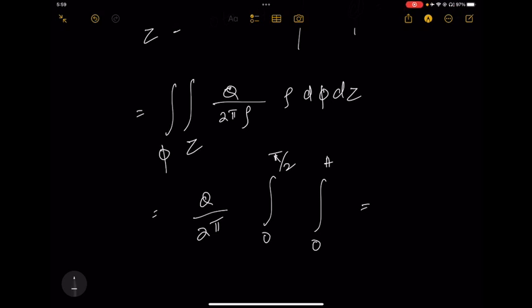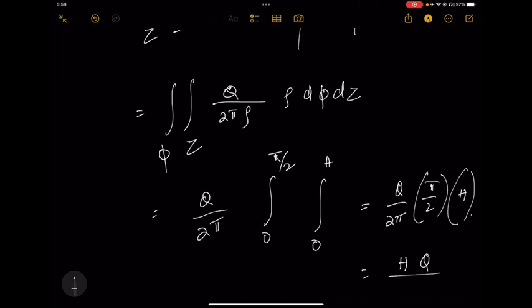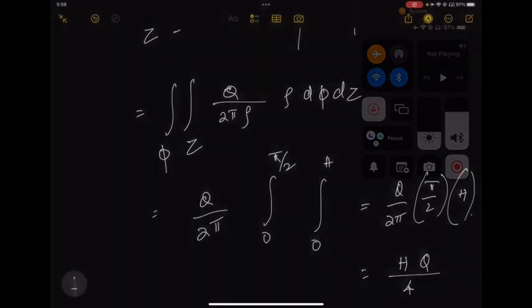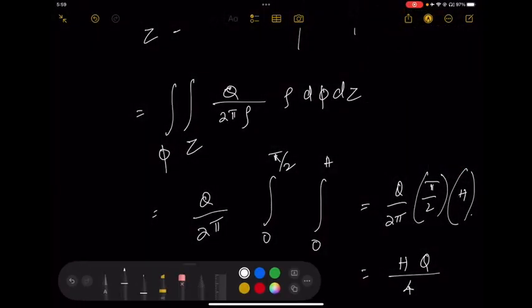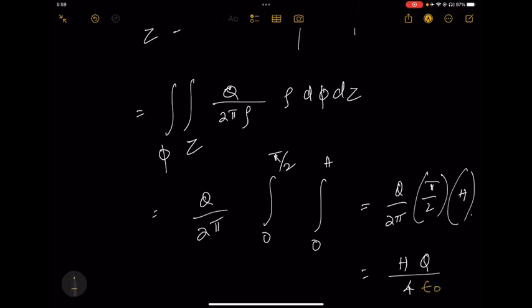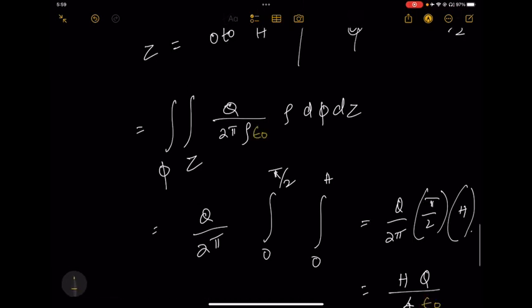So it will be Q by 2 pi into pi by 2 into h, hQ divided by 4. Sorry, I missed epsilon everywhere. Epsilon is a must.